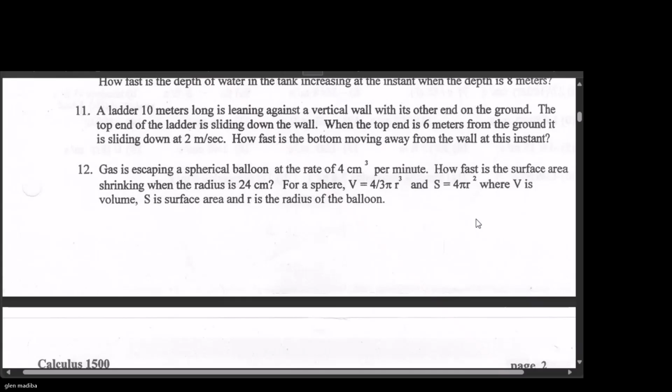So then I have ds over dt is equal to 8 times -1 over 24, which is equal to minus a third centimeters squared per minute, which is how fast the surface area is shrinking when the radius is 24 centimeters.